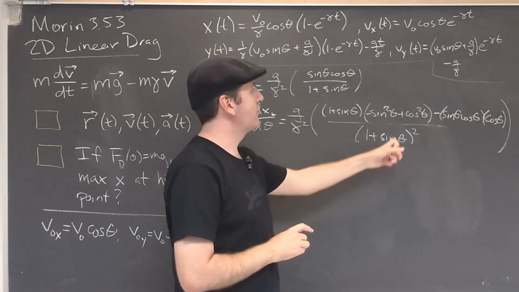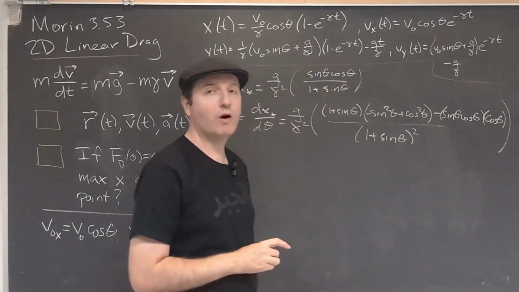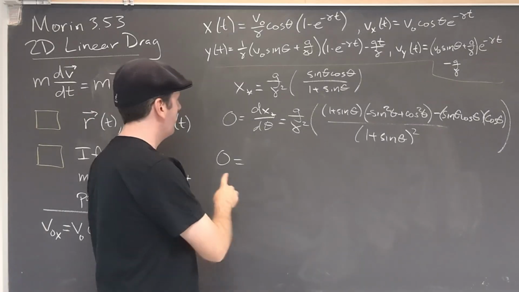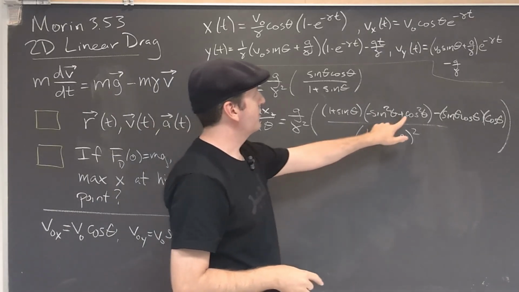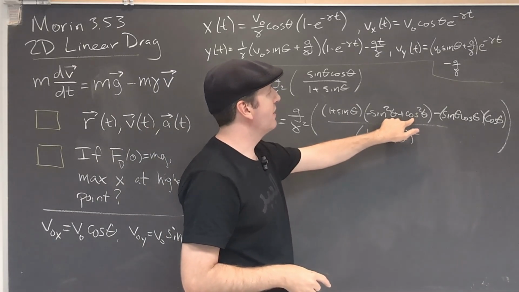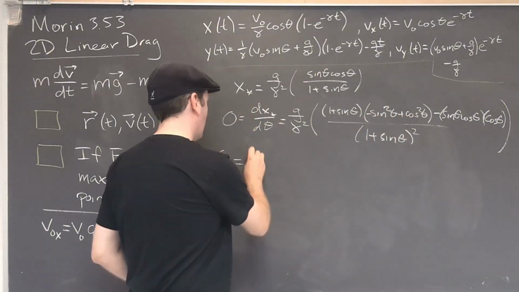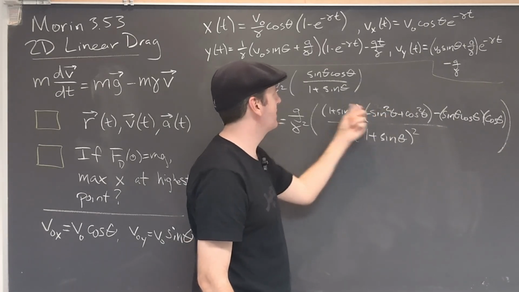What I'm going to do is replace these cosine squareds here and here with 1 minus sine squareds to get a polynomial in sine theta. Okay, so I'm going to set this numerator equal to 0. Remember, I'm going to replace this cosine squared with 1 minus sine squared. So that 1 and this 1 will give me a 1. I'll pick up a negative 2 sine squared theta.